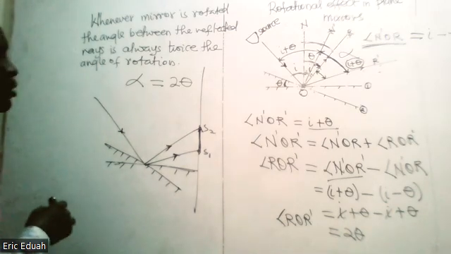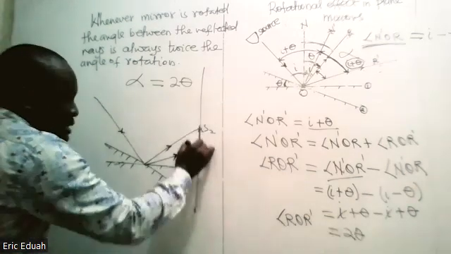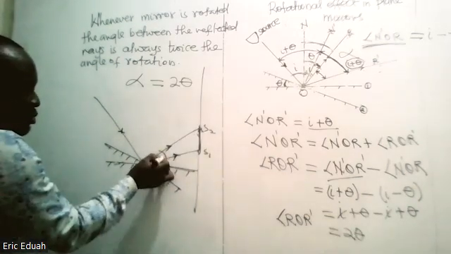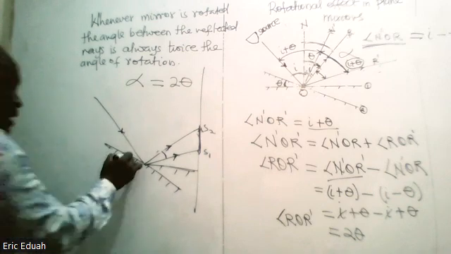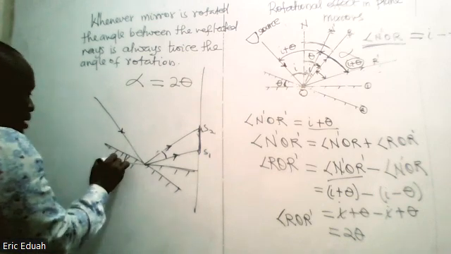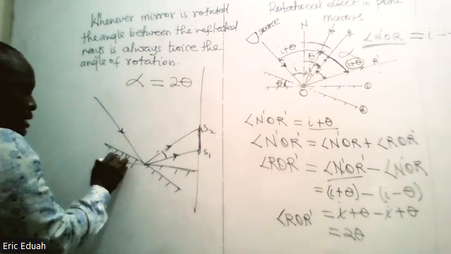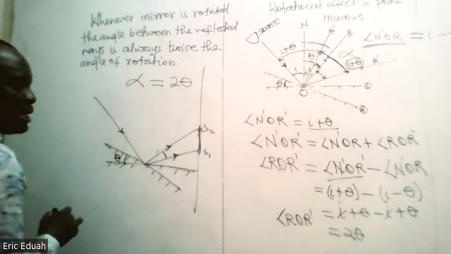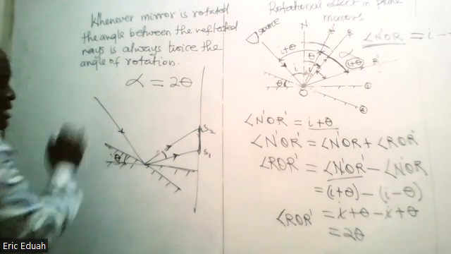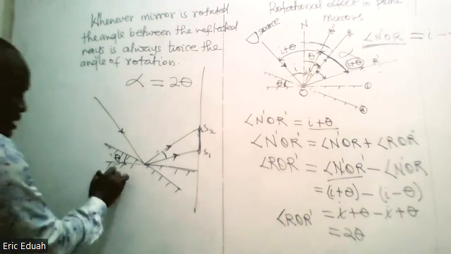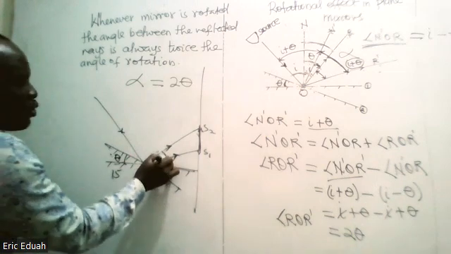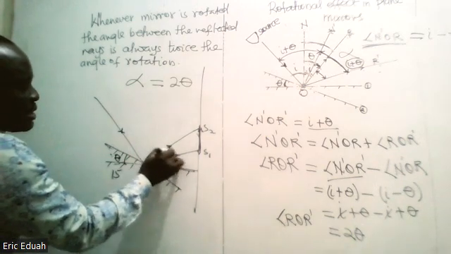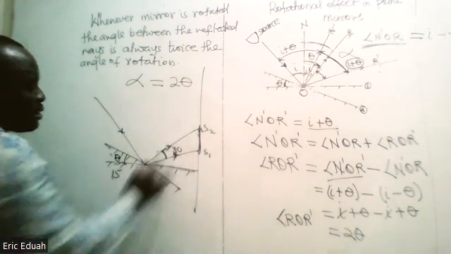Now, in determining this, you will need the angle between the two reflected rays. And that is where you apply this concept. You know that when the mirror is rotated through an angle theta, the angle between the reflected rays will be twice this. So if the question gave you maybe 15, by this concept, you understand that the angle between the two reflected rays will be 30.